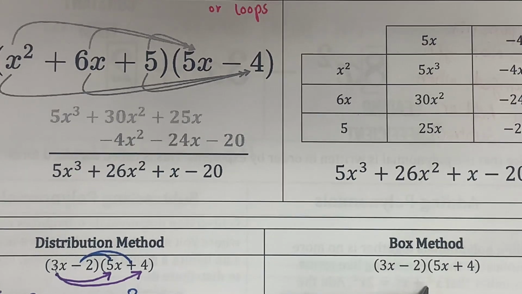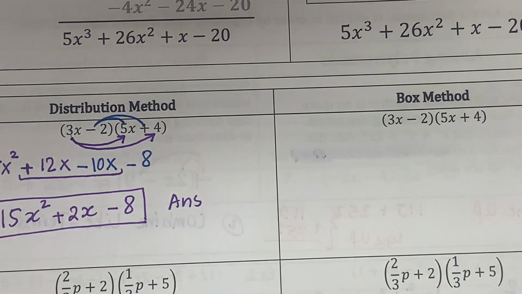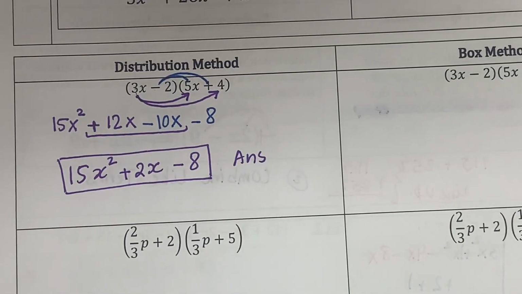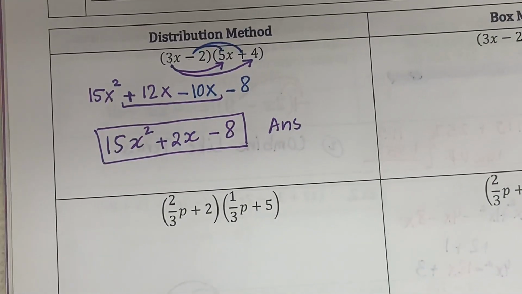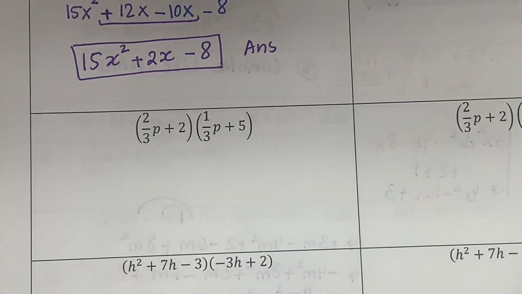So this one, you use the loops to solve this question and it should help you. I will use the box method for the one at the bottom. This is with the fraction. Do not get scared when you have fractions because fractions are solved a similar way.